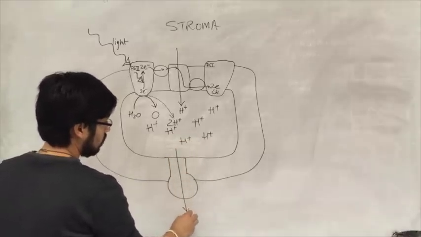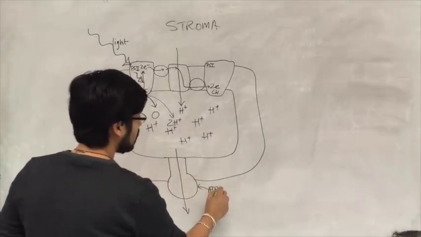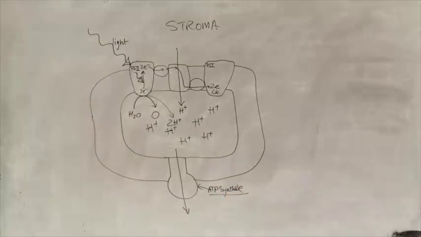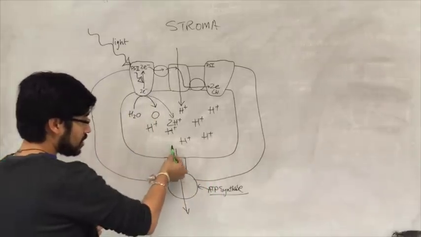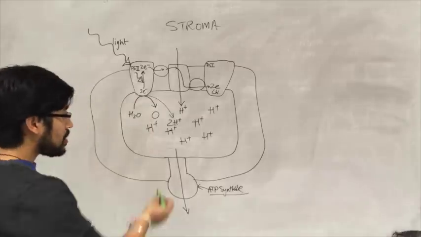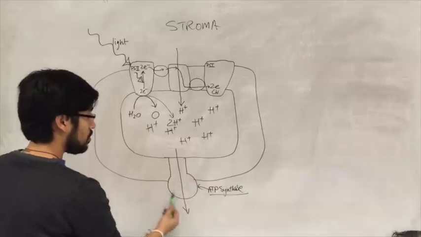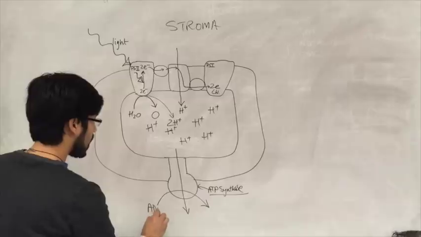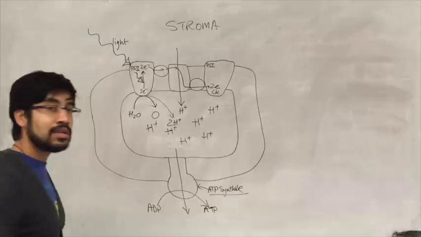out of what is called an ATP synthase. So this protein is 2 things. It's essentially a channel through which protons can diffuse out, but the kinetic energy of the protons moving out is used to convert ADP into ATP.